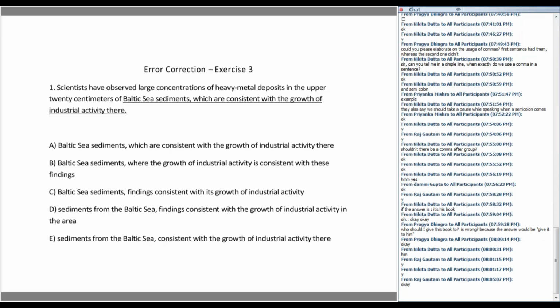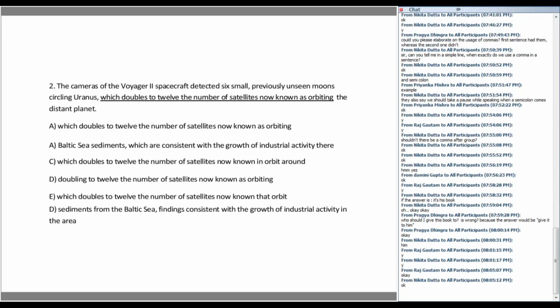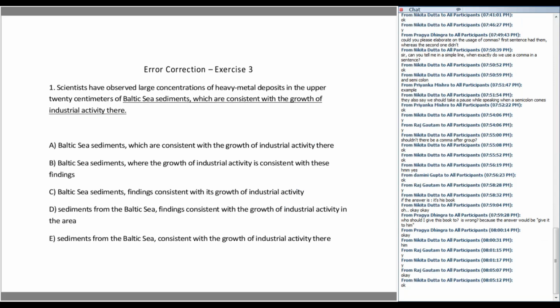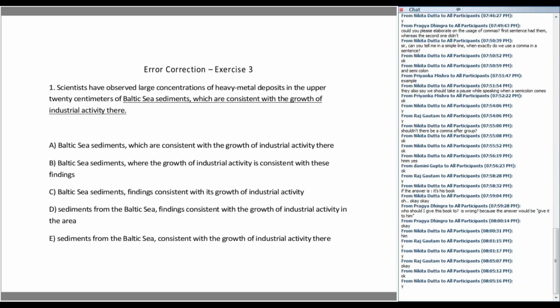So question number one. Have you all solved this question? What does it say? Scientists have observed large concentrations of heavy metal deposits in the upper 20 centimeters of Baltic Sea sediments, which are consistent with the growth of industrial activity there.